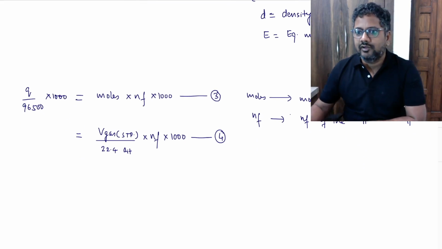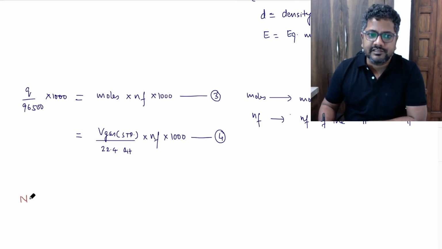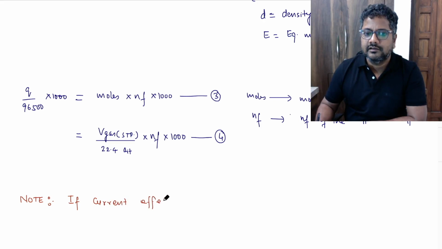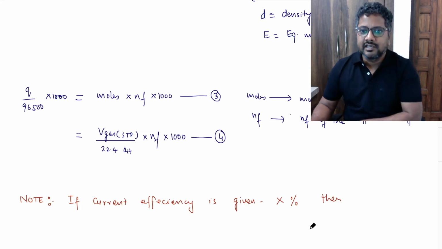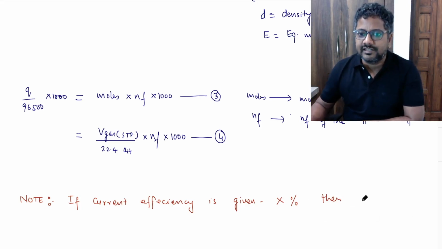But I am going to put a note here: if the current efficiency is given as X%, then it is not 100%. Then how does the formula change? You should change it only in the left hand side.